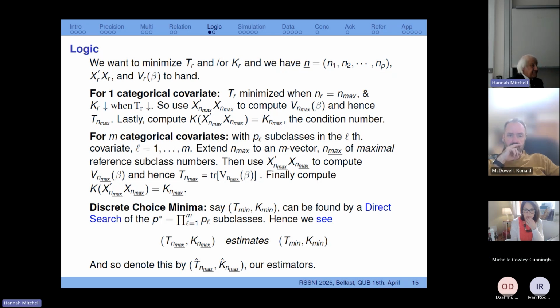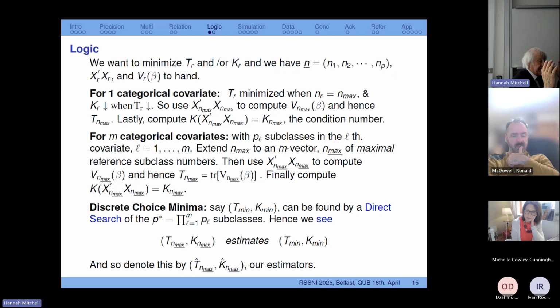So we just repeat that piece of logic. This is achieved just by inspection. You inspect the vectors and you say, okay, that's the maximum, that's the maximum, that's the maximum. But if we think about this not from a statistical point of view necessarily, but from a mathematical point of view, we can search the whole reference subclass space.